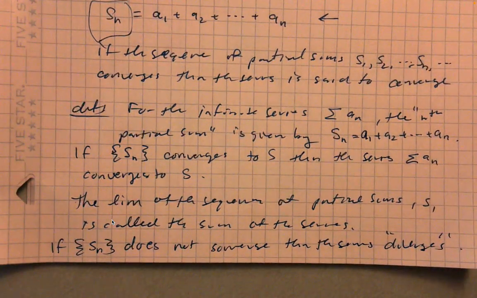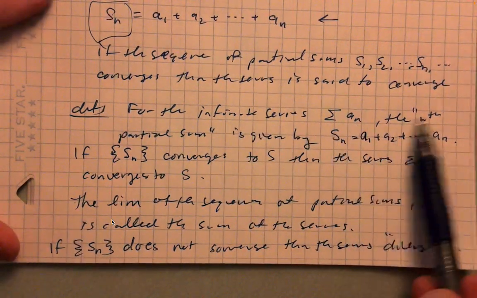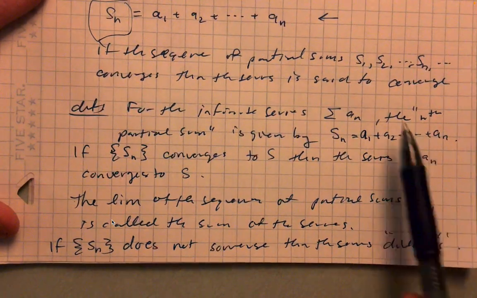So that's a little bit of a mouthful, right? For the infinite series, sum of a of n, the nth partial sum is given by the sum of the first n terms.